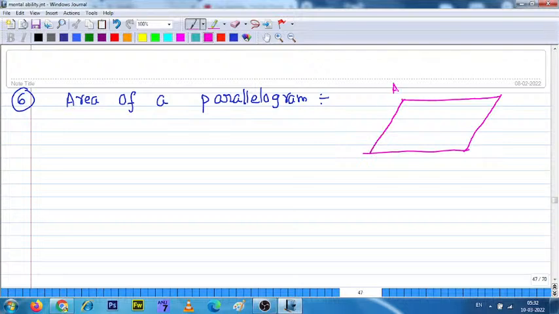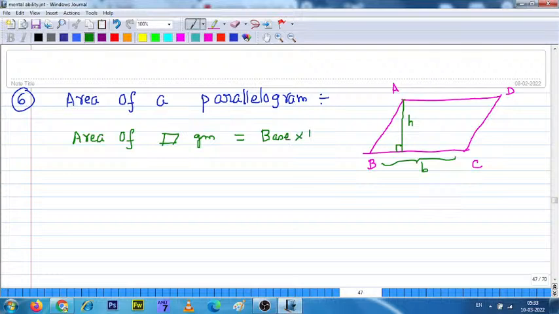Say A, B, C, D. For example, draw this, this is the height. Suppose this length is B. So now the area of a parallelogram is given by base into height, that is nothing but B into H, BH. So like this we need to remember, right?